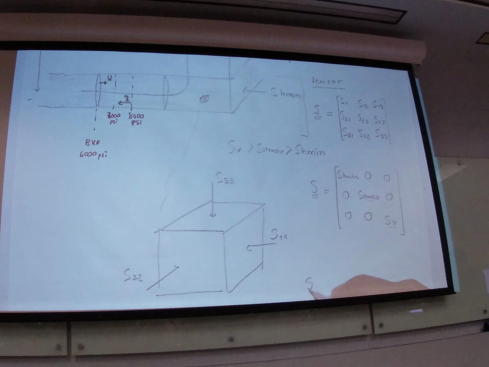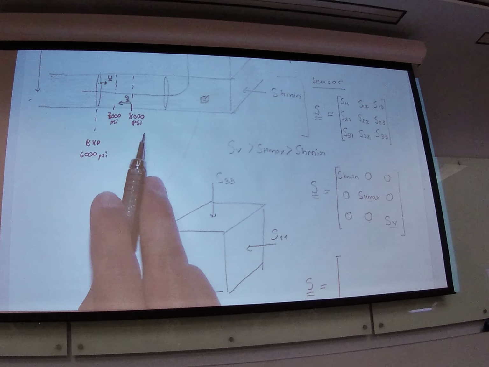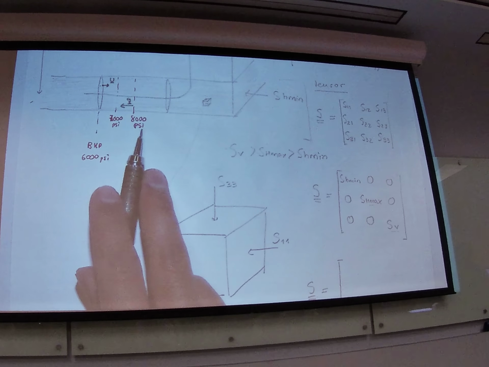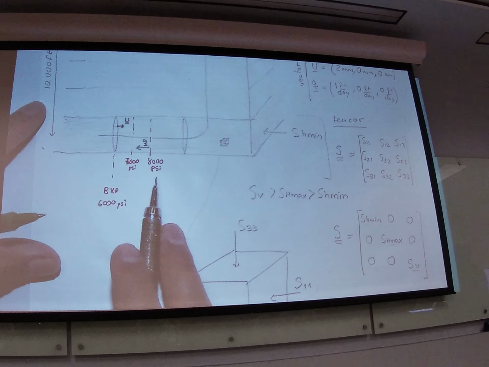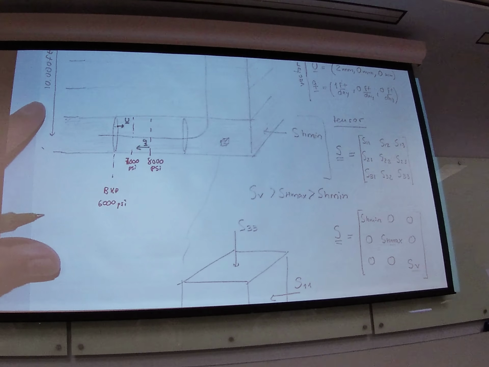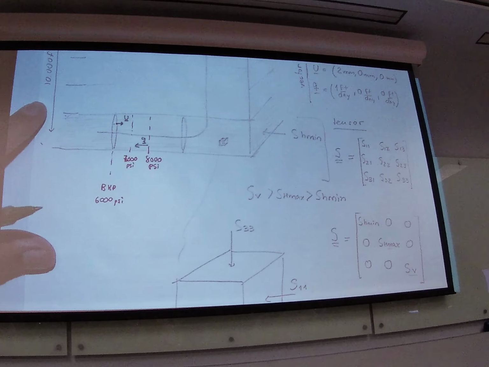And let's put some numerical values on this example just to complete it. If the pore pressure is 8,000 and the overburden pressure is 10,000 psi, what do you think is going to be the effective vertical stress? 2,000 psi, right?